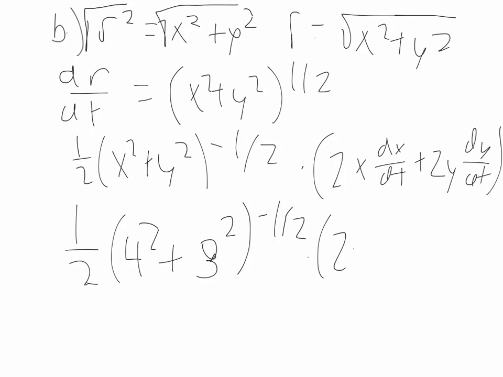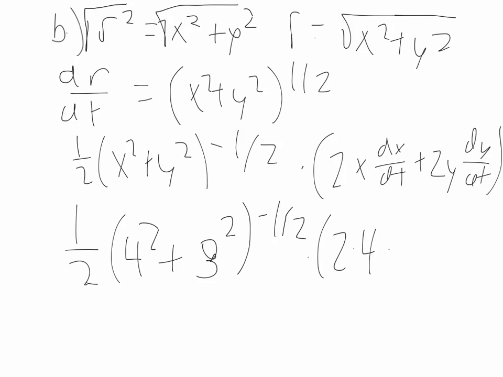So your x value is 4, it says, and your y value is 3, so 1/2 times 25 to the negative 1/2 times 2 times 4 times your dx over dt. Since it's saying Ship A is traveling due west, it's heading towards the lighthouse, so the distance is getting shorter. So you want to make sure that since it's getting shorter between the lighthouse rock and Ship A, it's a negative value.